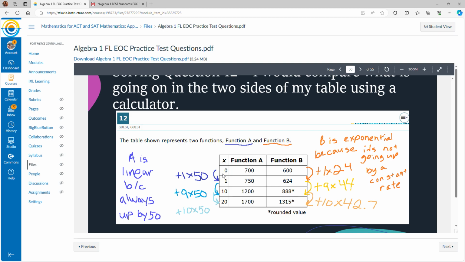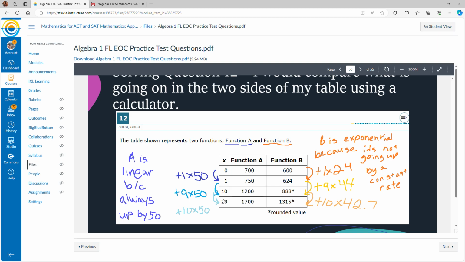And I can see that x is not going up 0, 1, 2, 3, 4. It's going 0, 1, 10, 20. So it never goes up the exact same amount. But for function A, from 0 to 1, it goes up by 50.